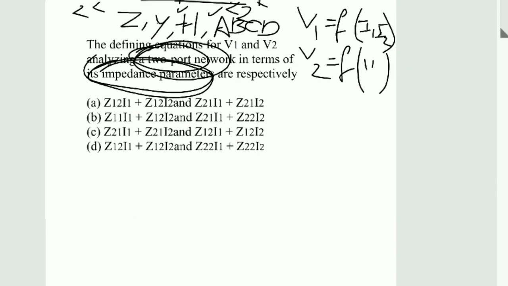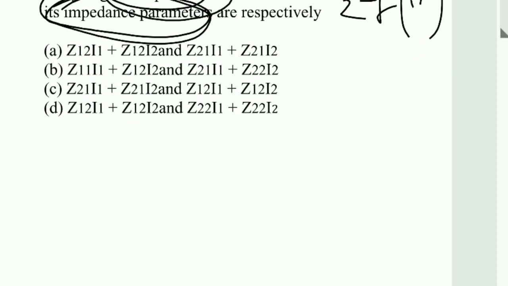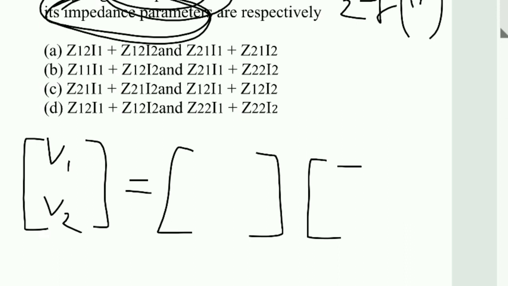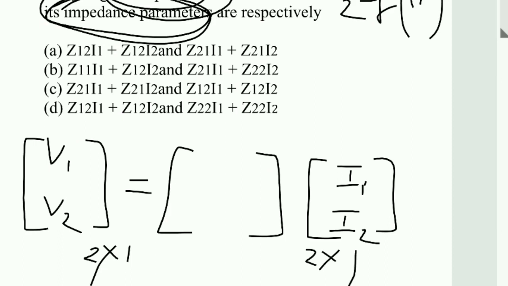So how does the equation look? If we write the complete matrix, then V1, V2, the input voltage and output voltage matrix, equals the Z parameter matrix times the current matrix I1 and I2. Guys, this is a 2 cross 1 order matrix, and this is also a 2 cross 1 order matrix. So it should be 2 cross 2 to get 2 cross 1 from the multiplication rule.